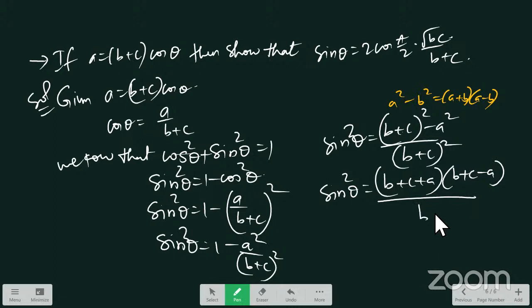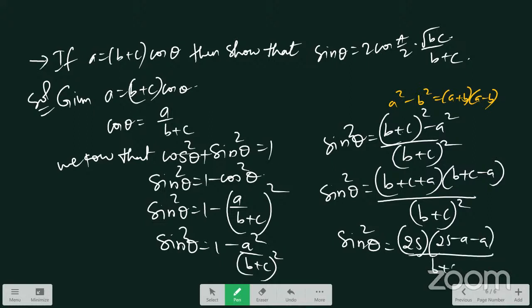So sin square theta is equal to (b plus c plus a) into (b plus c minus a) by (b plus c) whole square. Now this is 2s into (2s minus 2a) by (b plus c) whole square.